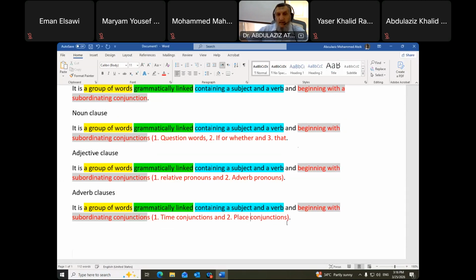We have then 3 relative reason conjunctions. We have purpose conjunctions.